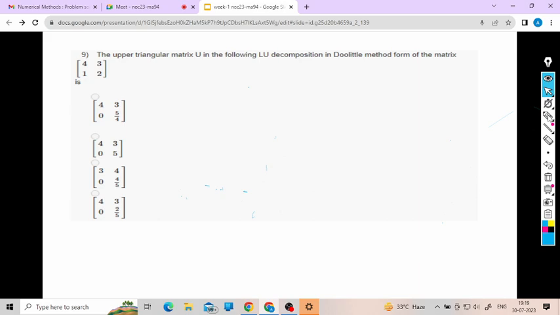No. You have to first write the lower triangular matrix, then the upper triangular matrix, and according to the matrix we change. It's LU decomposition, so you have to first write the lower triangular matrix, and in the Doolittle method, the lower triangular matrix will be what you have got.